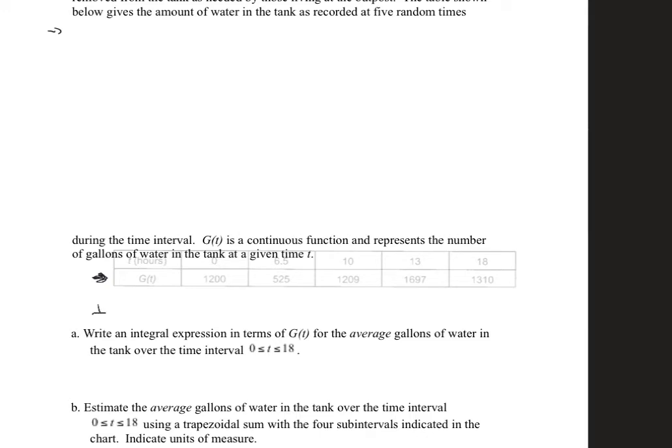So that's going to be 1 over b minus a integral from a to b of g of t. And in our case, since the a and b are 0 and 18, we'll get 1 over 18 times the integral from 0 to 18 of g of t dt. So that is our answer to part A.